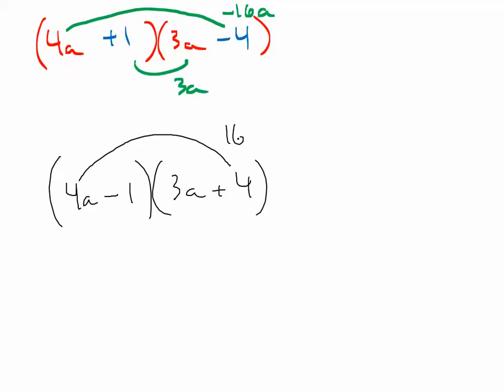I have myself a 16a. Yep. When I add these guys up, I give myself a positive 13, but I'm looking for a negative 13 from a middle term. So if the numbers are correct, and my number is the exact opposite of what I want, I just need to switch my signs, and I'm good to go for my answer.